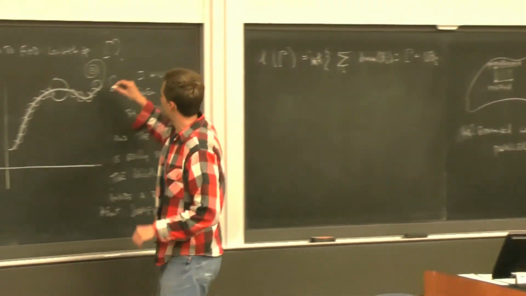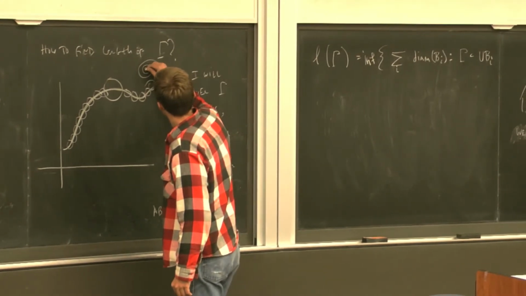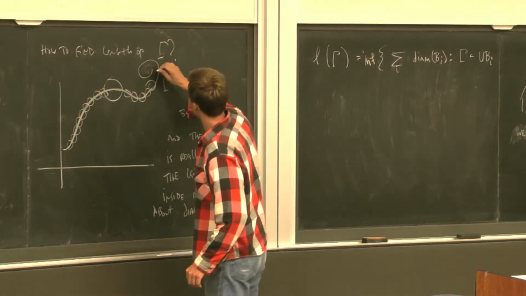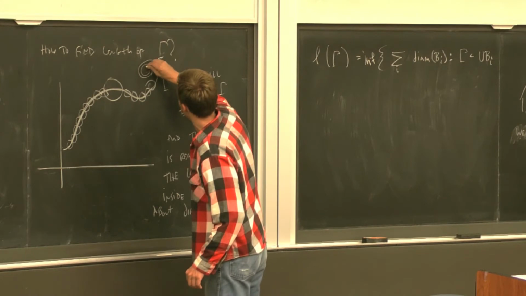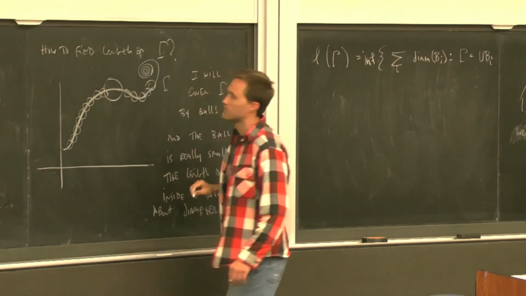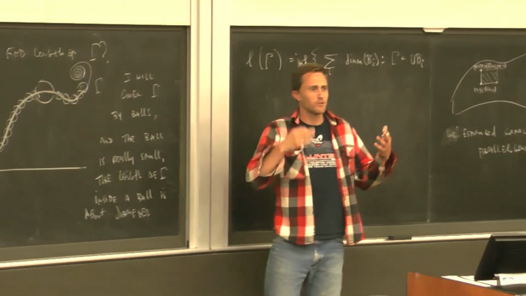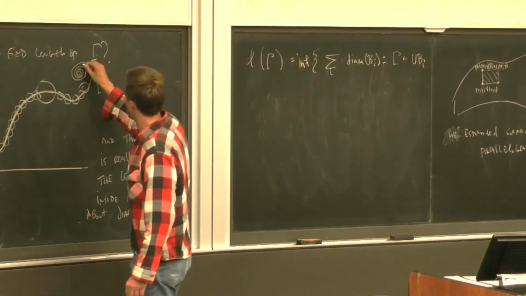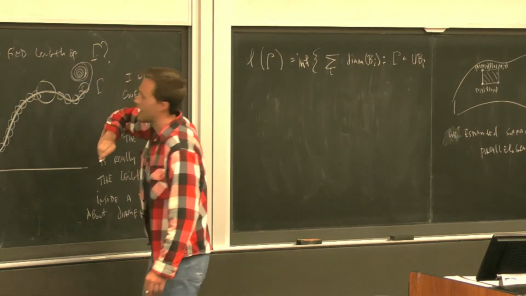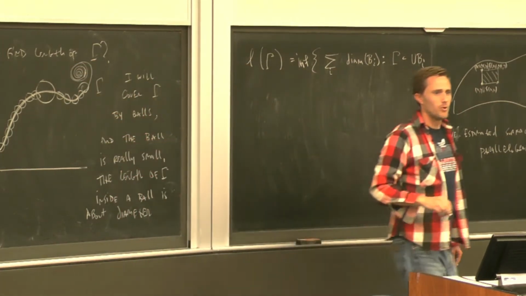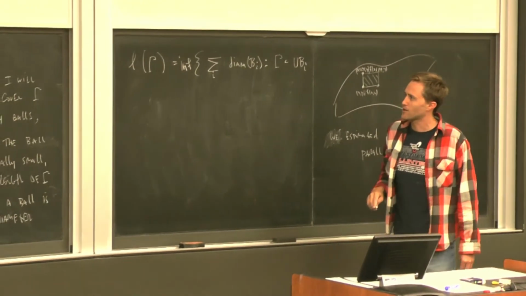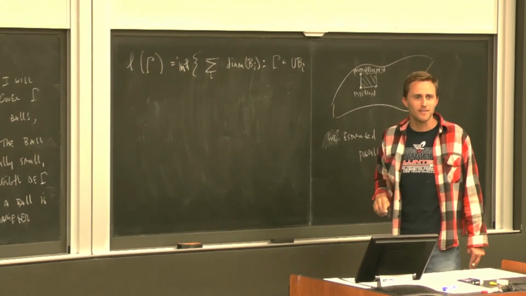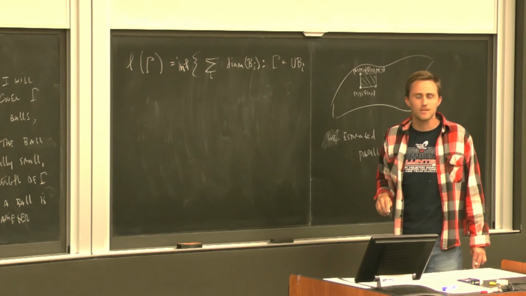So if I had a really slowly dying spiral that almost filled up a circle, I could cover it with a ball of a diameter that, right?